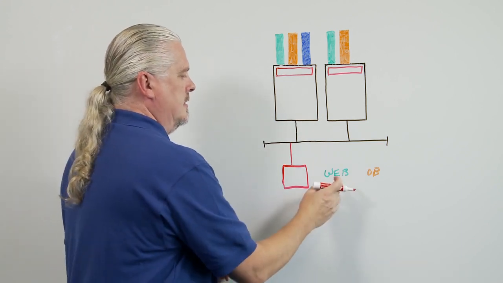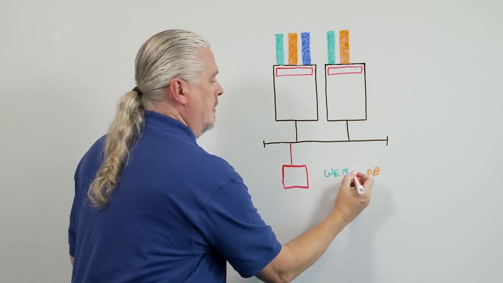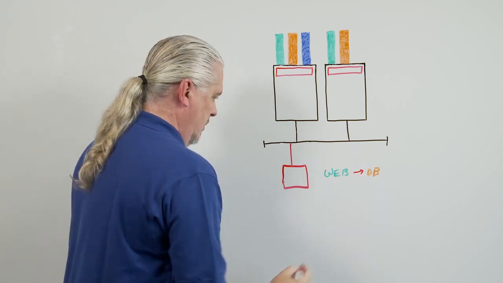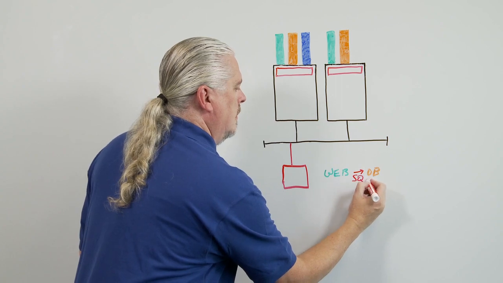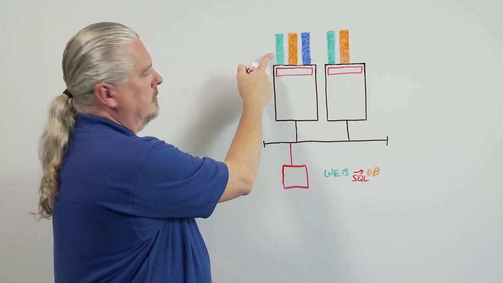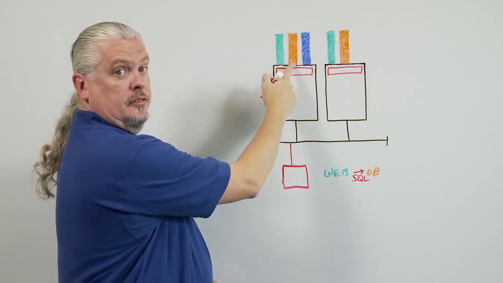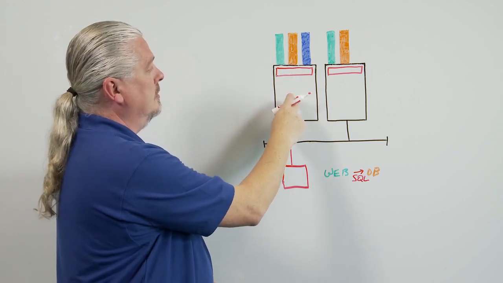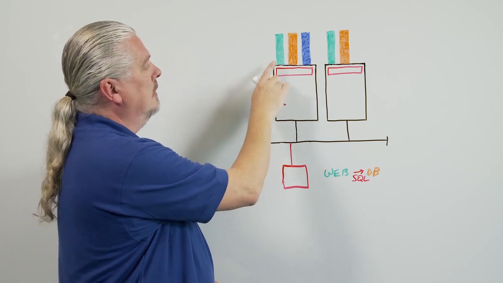The way we do it in policy is to say, from the web to the database, talking SQL is allowed. If the web server and the database server are on the same physical host, the traffic never leaves.